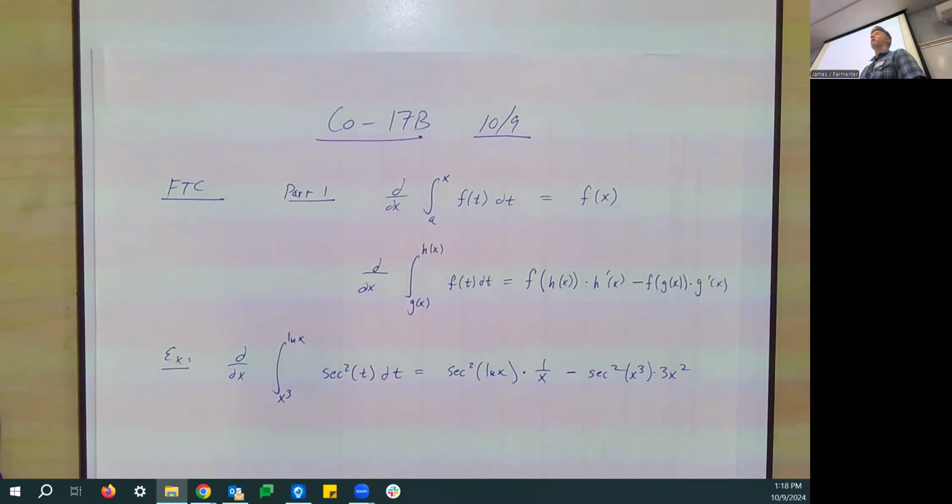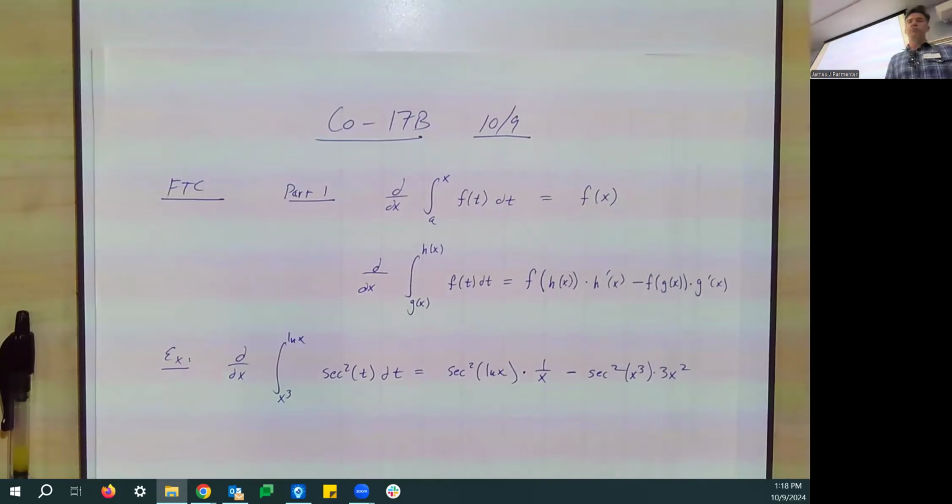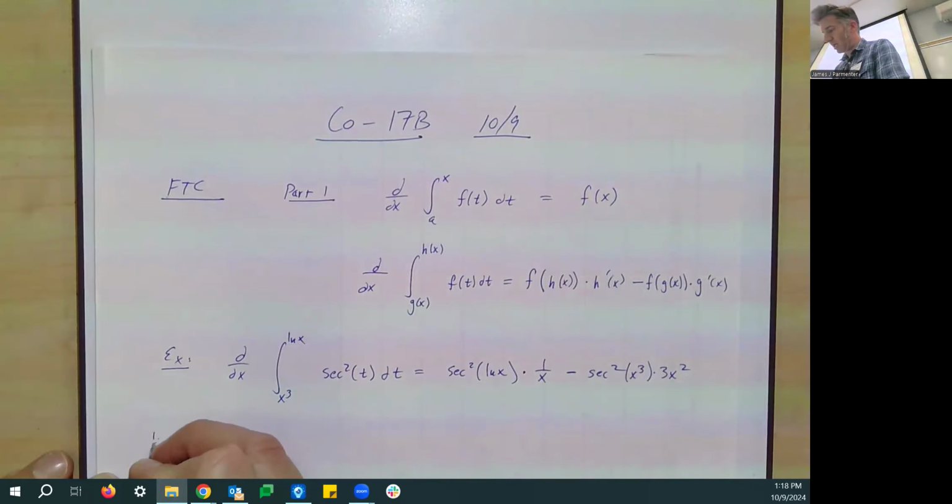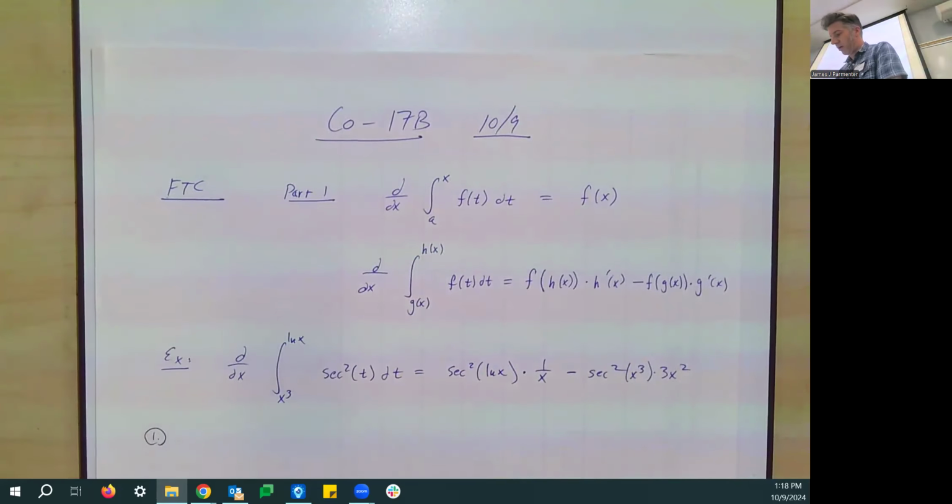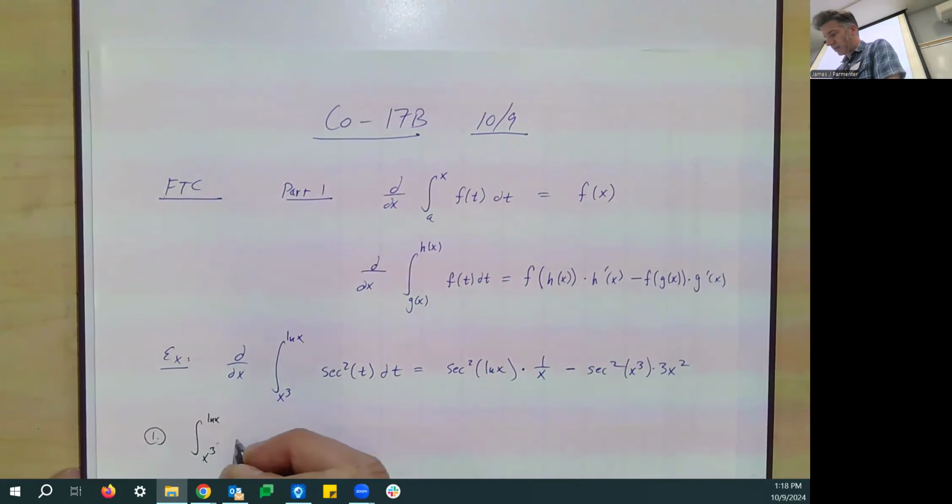However, occasionally on an assignment, they might make you jump through some hoops and make you do it the long way by first finding the antiderivative and then taking the derivative of it. So just to show you that one more time, if we first just took the antiderivative, ignoring the derivative here, so if I did this part first, the antiderivative from x cubed to natural log of x of secant squared of t dt.